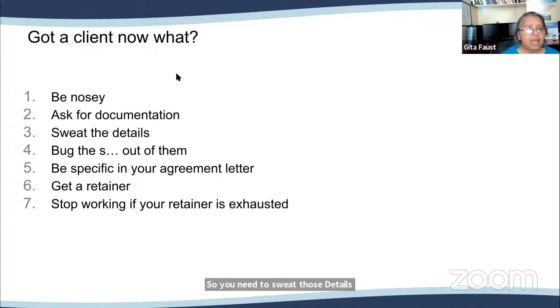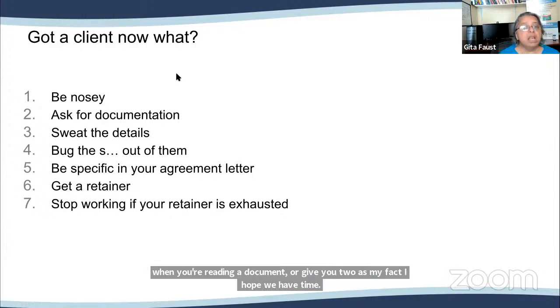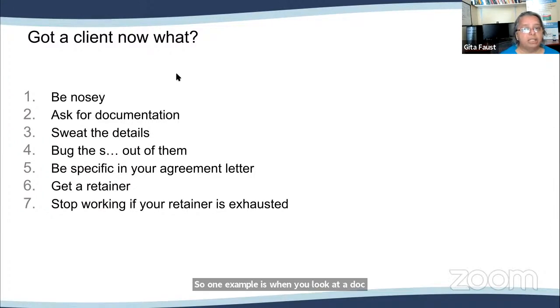And being nosy, let me tell you about this one. I'll give you two examples, as a matter of fact. One example is when you look at a document, the keywords you're looking for are deposits, retainer, on hold, reserve. They all have different meanings.